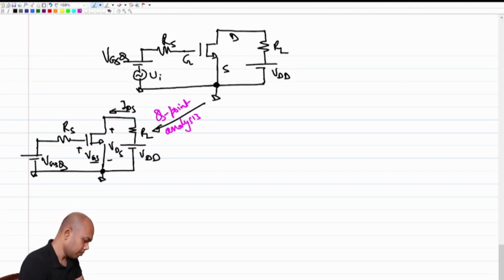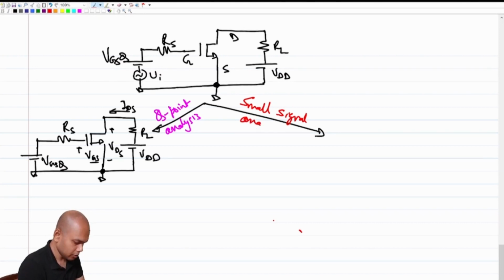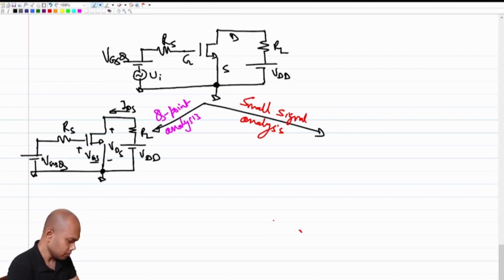So then what is the second step? The second step is to do small signal analysis or incremental analysis. So what will you do?